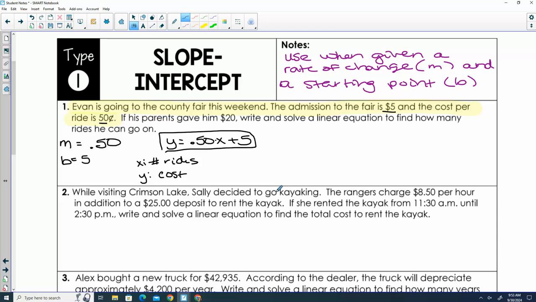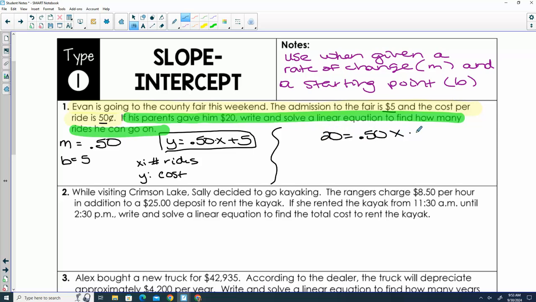So now, these questions are asking me a couple things. First, I had to write an equation, which we did. Now we're going to answer the second part. If his parents gave him $20, we need to find how many rides he can go on. So 20, is that my x or my y? y. We can spend $20. We practiced solving equations on Friday.